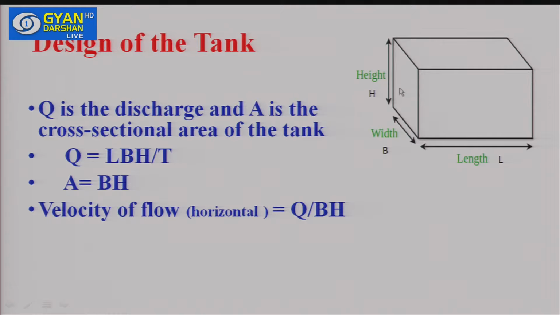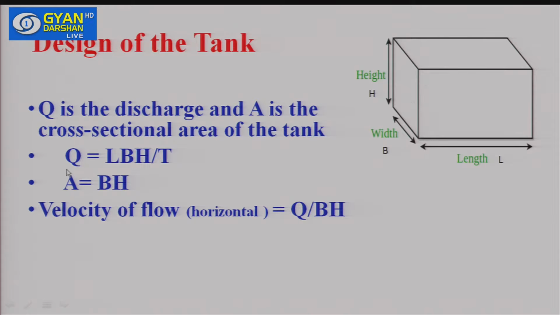So for that, discharge can be calculated as, you know, discharge is volume upon time, that is how much volume is passing through in how much time. So the volume of this tank is L into B into H divided by the time in which it is flowing.